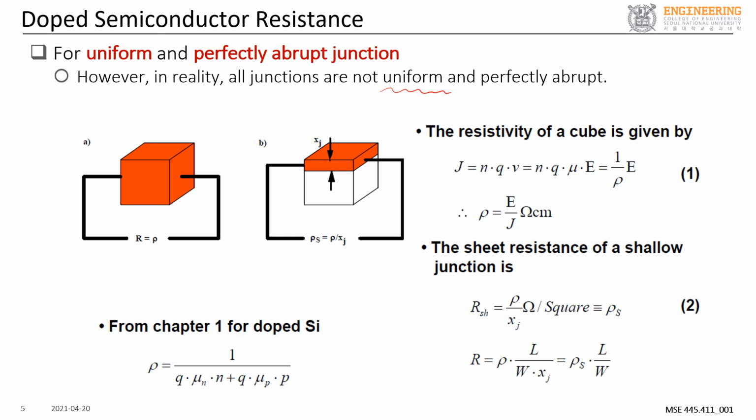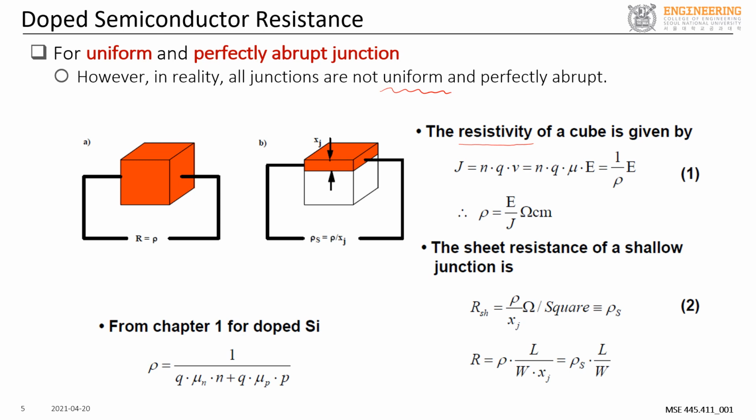We will see why this is the case in later slides. But for now, let's assume that it's uniform and abrupt. Then you can measure the resistivity of that uniform junction. Let's say this red region is a doped region with a uniform concentration.